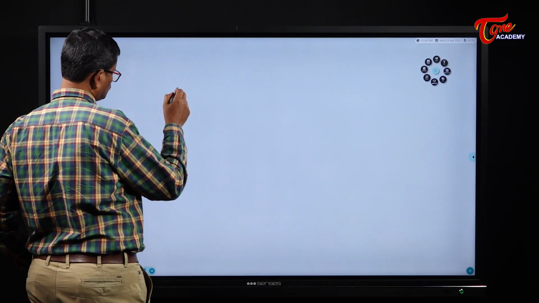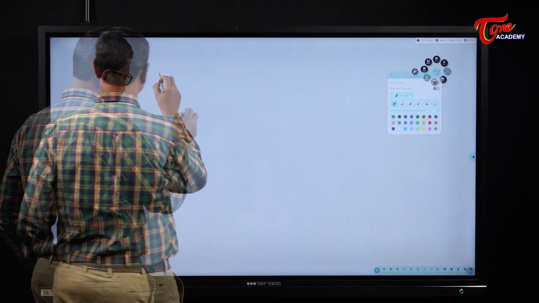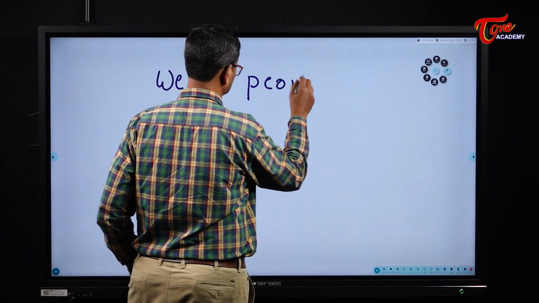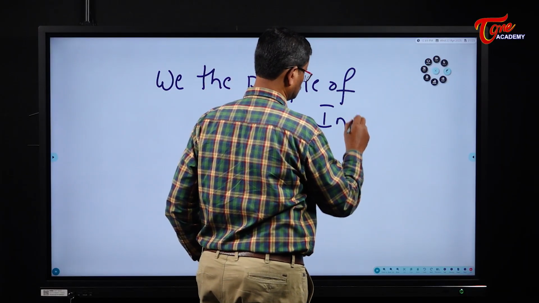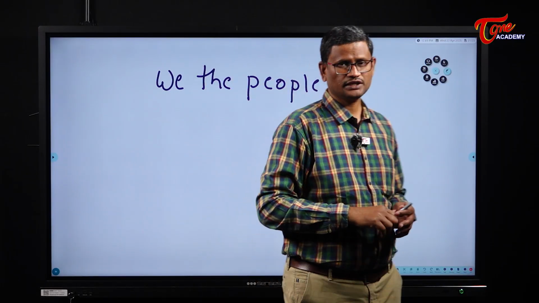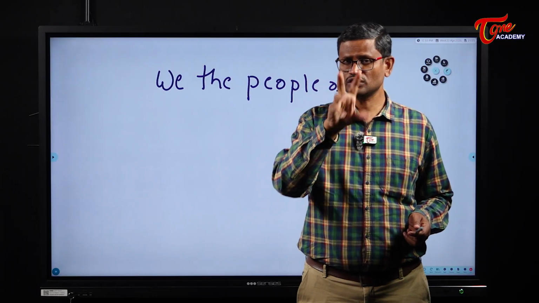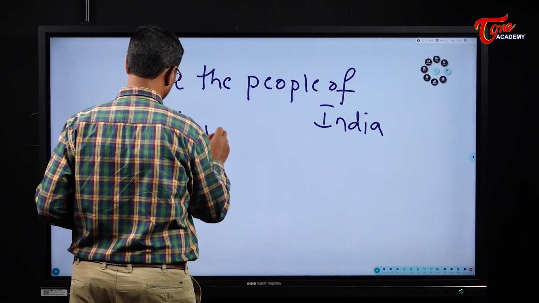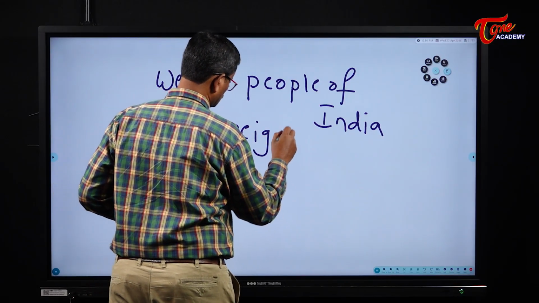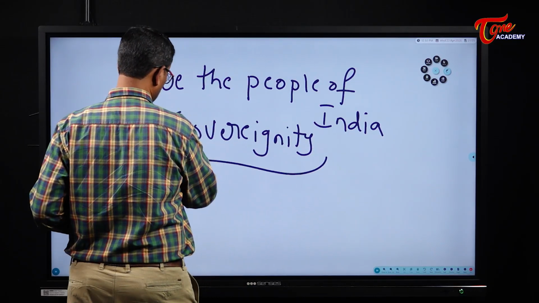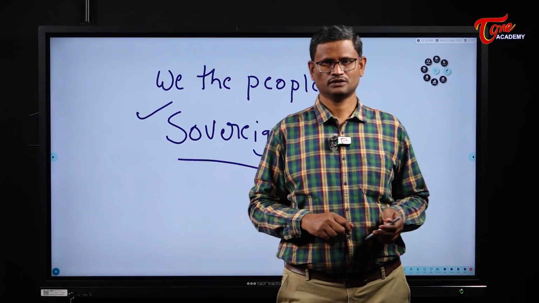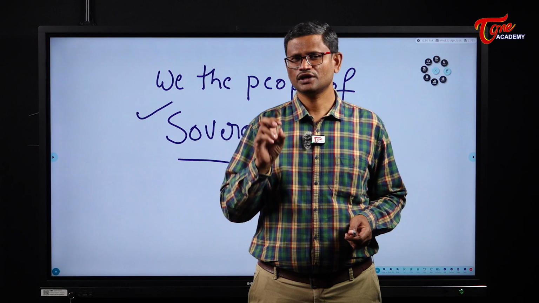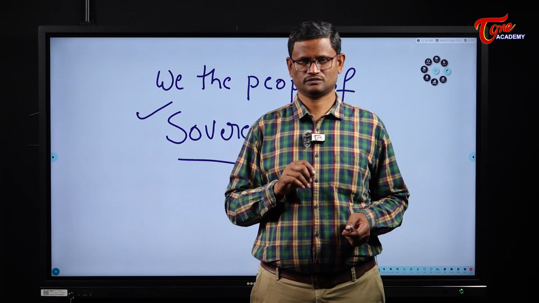If you take up the source of authority, we the people. The words in the preamble, we the people, speak about sovereignty. What do you mean by sovereignty? Supreme political power. In India, the supreme political power is with the people of this country.